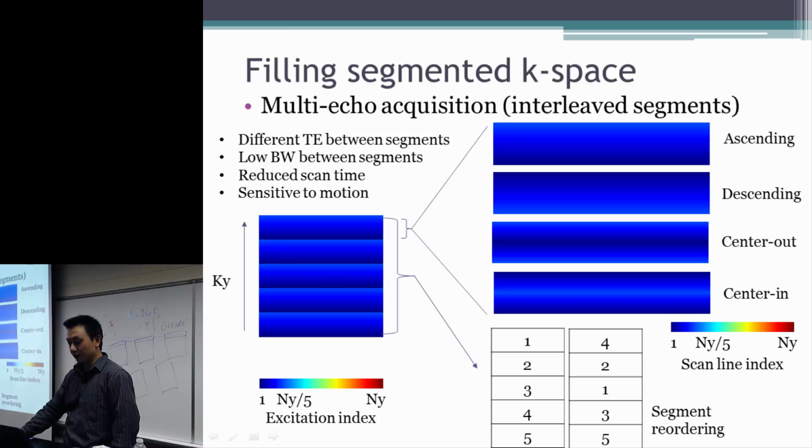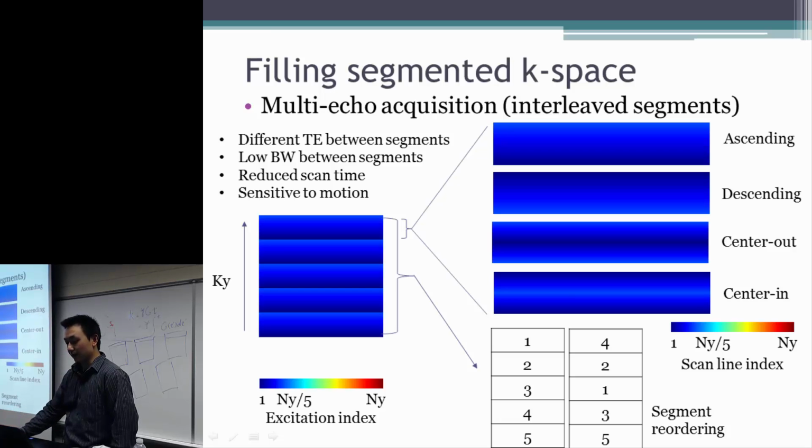Of course there is a different TE between different segments, and there is a low bandwidth between the segments, because it's collected within the same excitation RF pulse. And of course it reduces scan time: in this interleaved segment strategy, we improve the scanning speed by the number of segments.